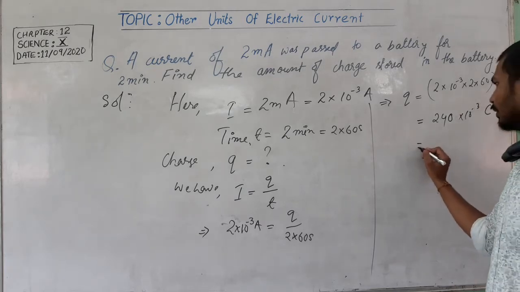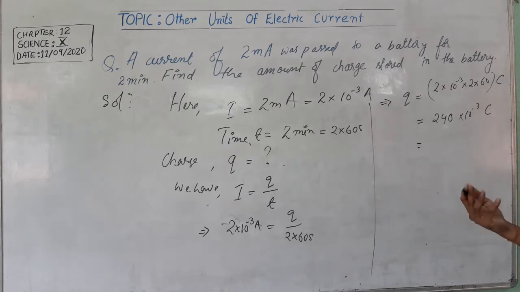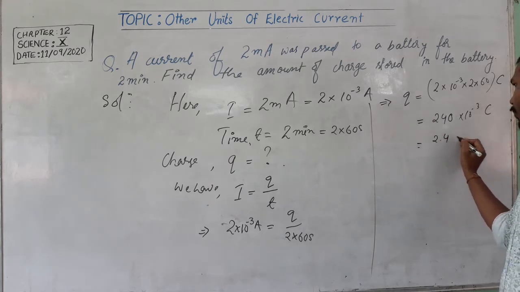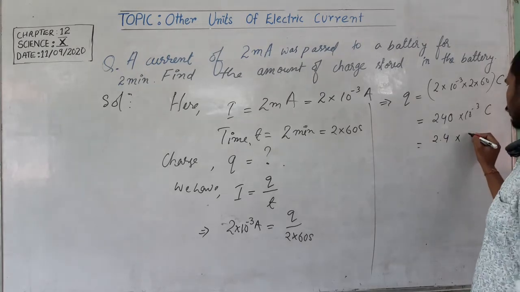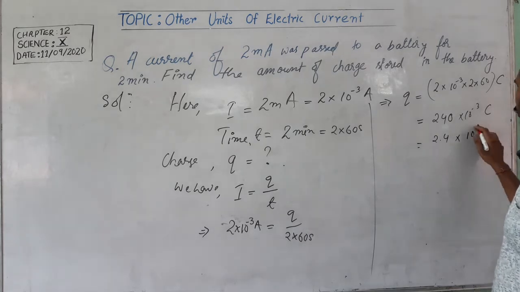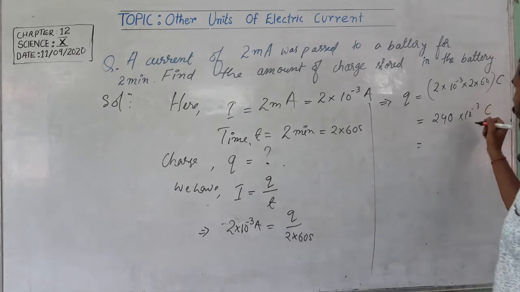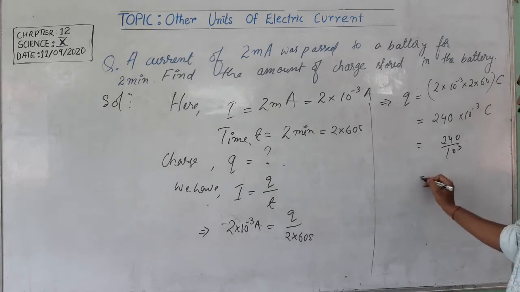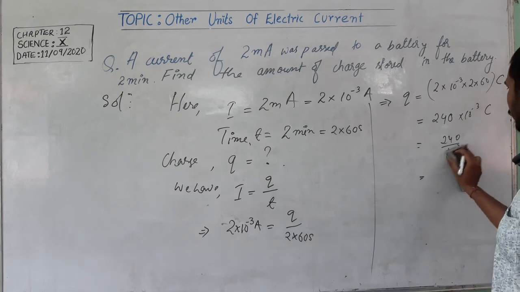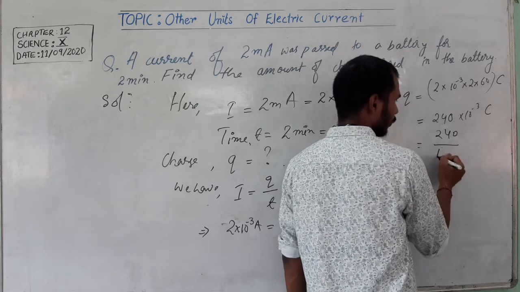Now this is not in standard form. Whenever you write in power notation, you have to write the value in standard form. Now we can write 2.4 into 10 to the power something, or we can simply write it as 240 divided by 10 to the power 3. The calculation is like this: 240 divided by 1000, since 10 to the power minus 3 is 1 by 1000.